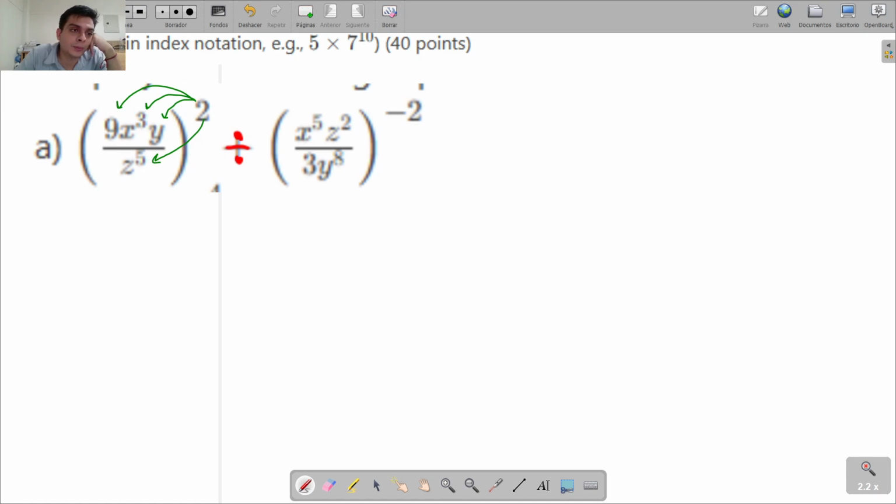So, this will be 9 to the power of 2, x to the power of 3, but when we are distributing an exponent and we have another exponent, we multiply the exponents. So 2 times 3 will be 6. 2 times 1, here the exponent is supposed to be 1 if you don't see anything, it will be y to the power of 2.